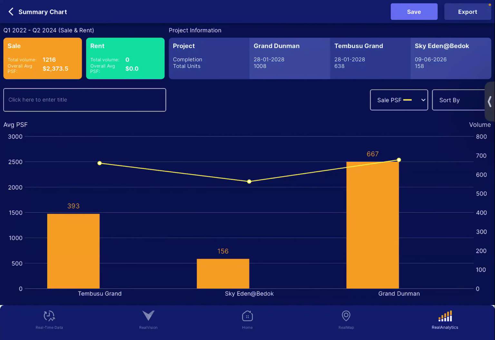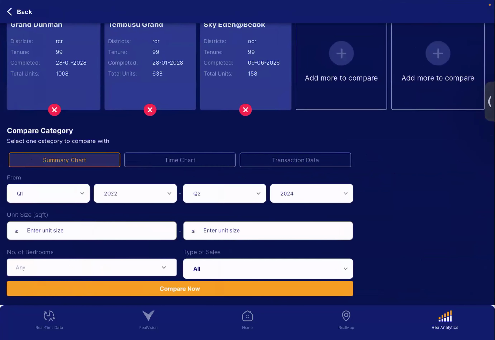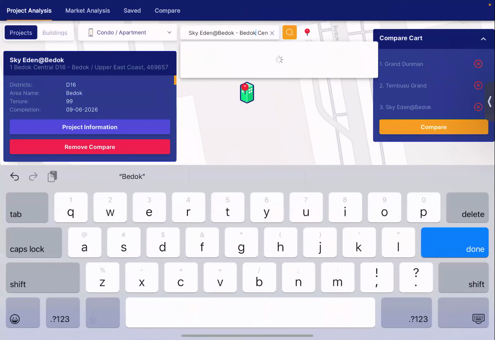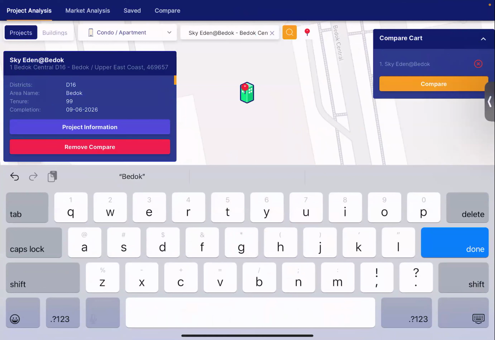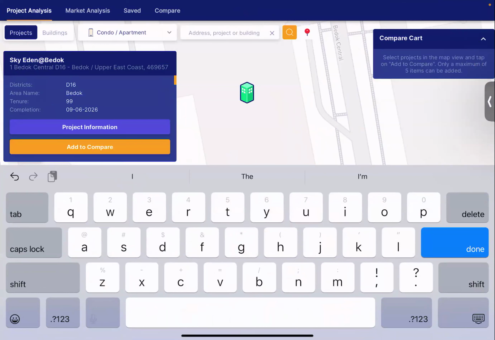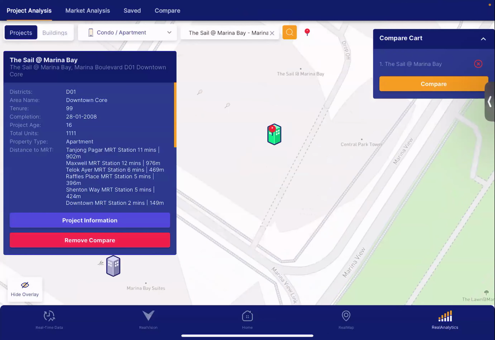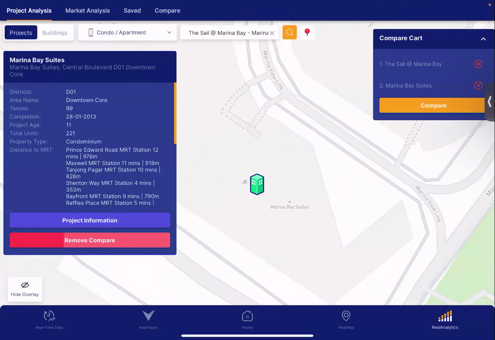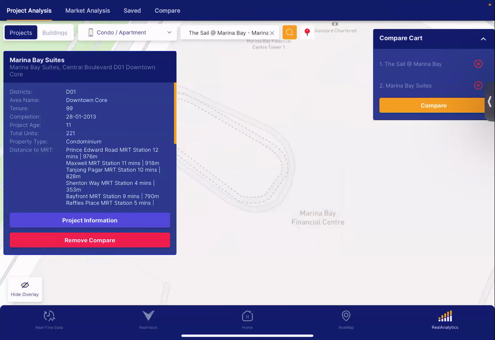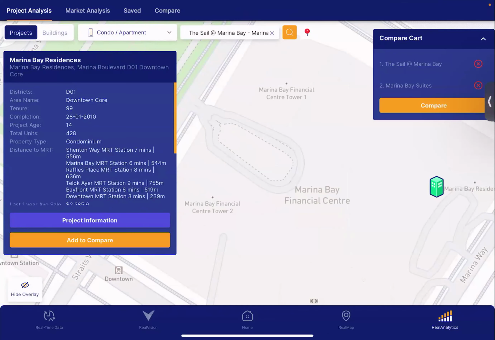I think I'll choose some that are a bit older, easier to show you what I mean. So I still come back to my favorite, The Sail, versus MBS versus MBR.